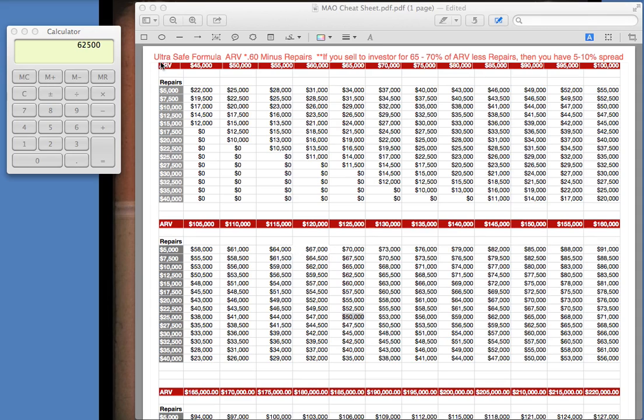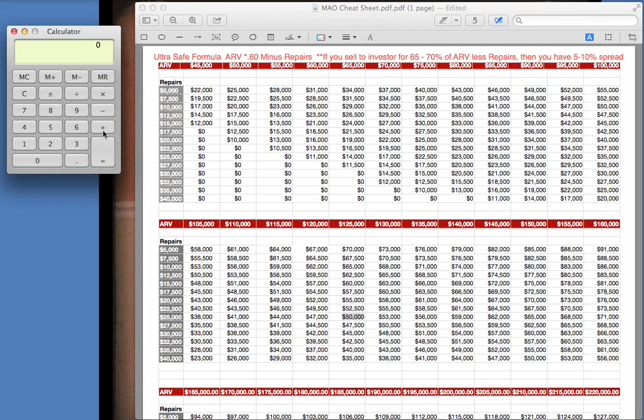If you sell your properties to a cash investor for 65 to 70% of ARV minus repairs, that's about what investors are willing to pay you for your properties. If they're in bread and butter locations, then you have a 5 to 10% spread that you're working with for a profit on an assignment fee.